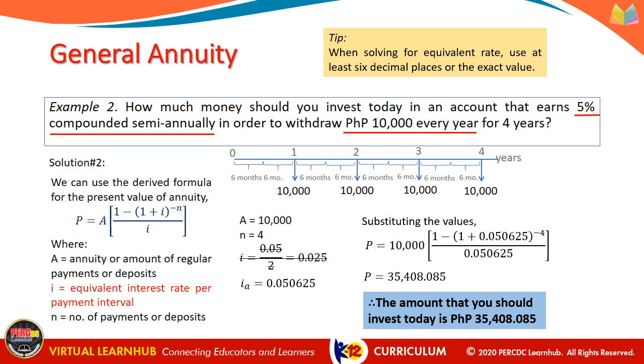Why? Because if you use fewer decimal places, the tendency is that there is going to be a discrepancy with our answer. Though most of the time, those discrepancies can be ignored, it is still better if we are accurate with our answers.